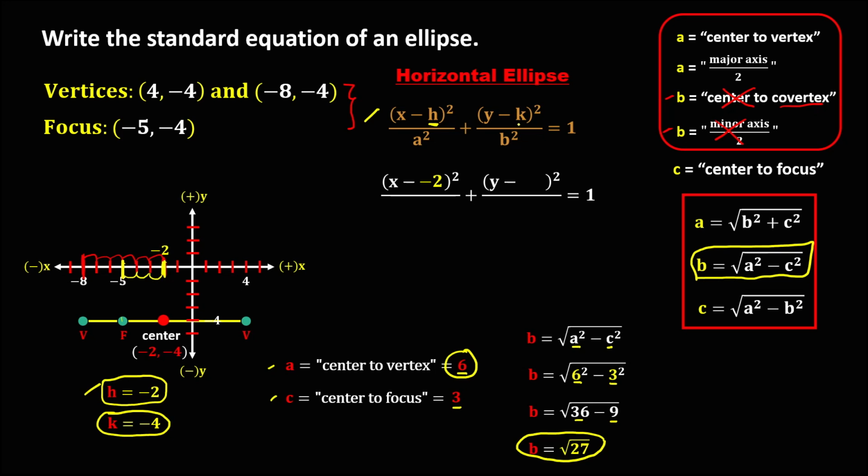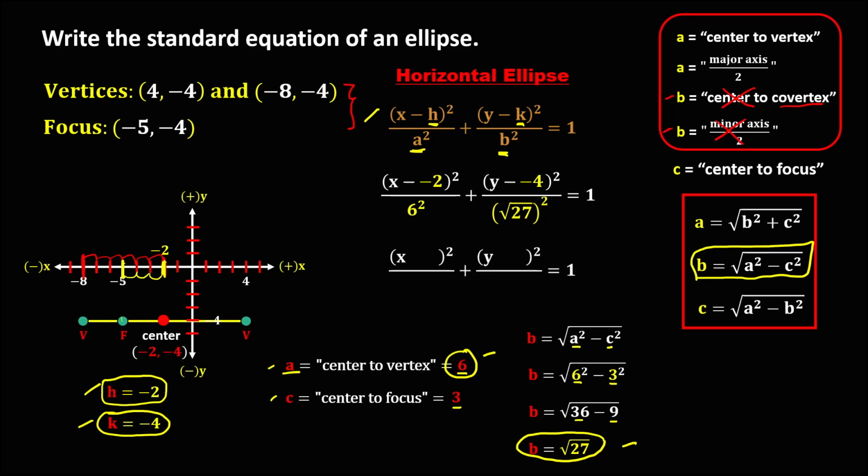Then y minus k, and k is negative 4. Then we have a squared, and a is 6. So this one is 6 squared. Then b squared, b is square root of 27, then to the power 2.